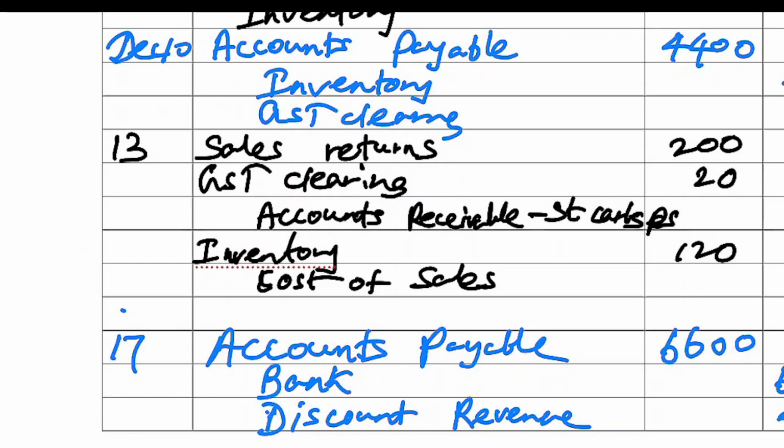If you are not sure, take down the calculation. 6,600 times 7% is 462. Is that discount rate or revenue? Yes, revenue increases. Take it down. Very good. Are you okay with this amount?